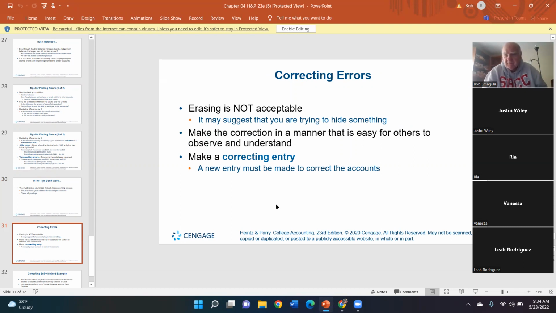Reverse the wrong entry and make sure your explanation says to reverse error on JE13, and then you put the right information in. Don't put in a correction where you're incrementally making up the difference. That can lead to big problems, which I'll get into some other time.